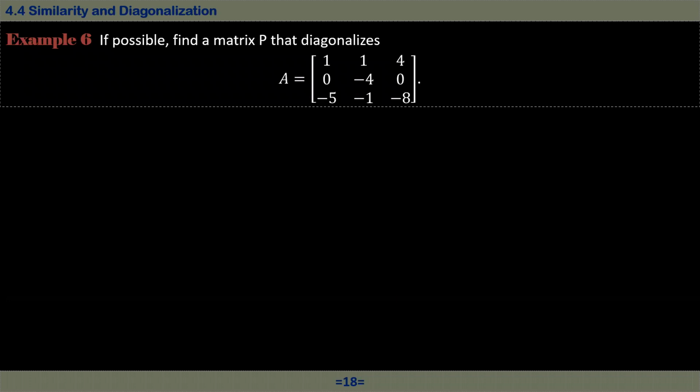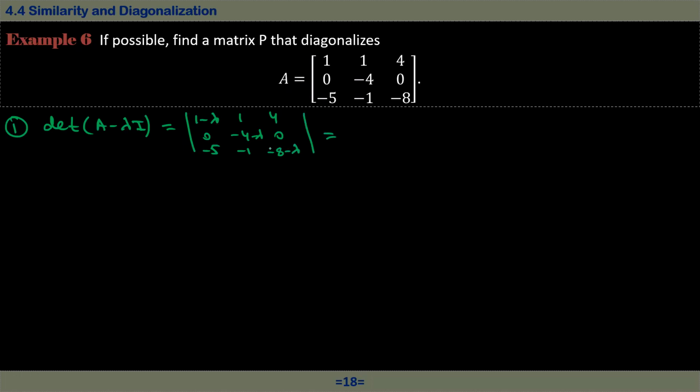All right. So first we need to find the eigenvalues. The first step: the determinant of A minus lambda I, which is equal to the determinant of 1 minus lambda, 1, 4, 0, minus 4 minus lambda, 0, minus 5, minus 1, minus 8 minus lambda.